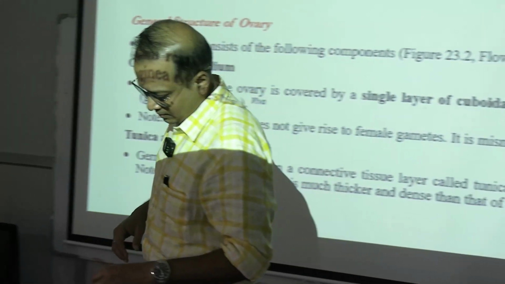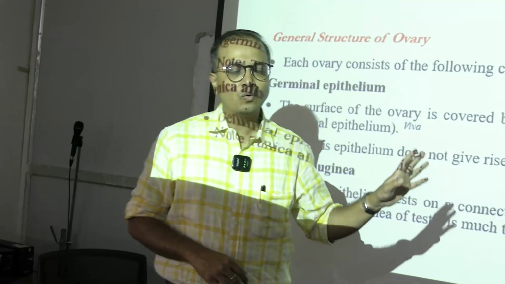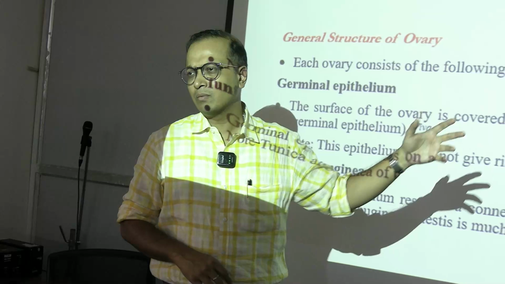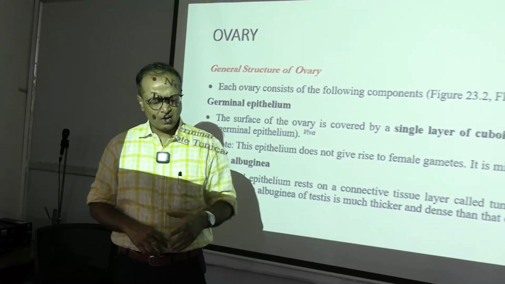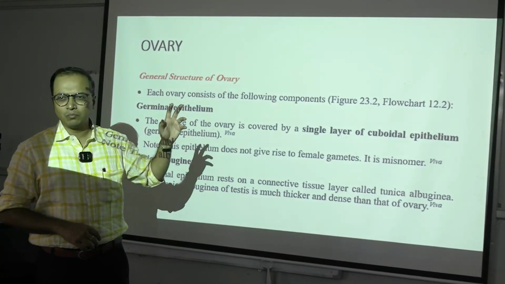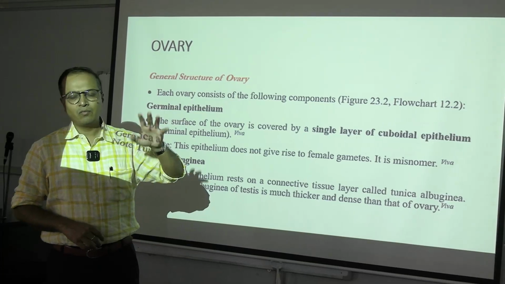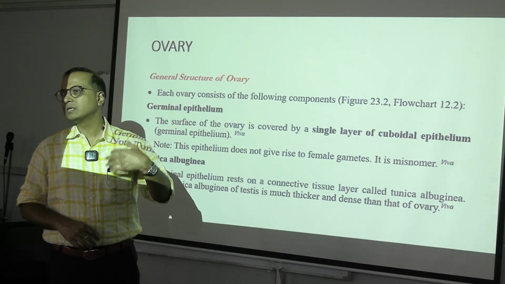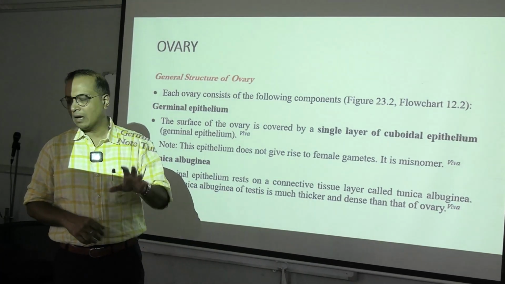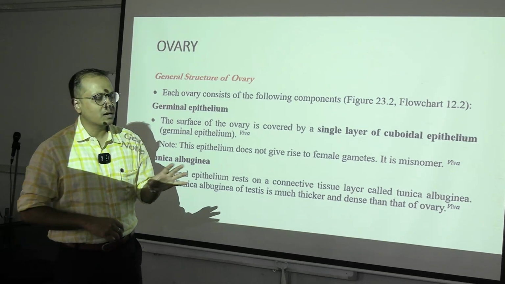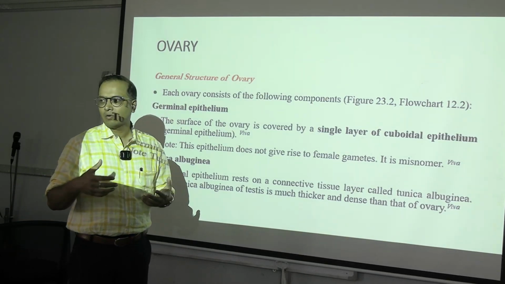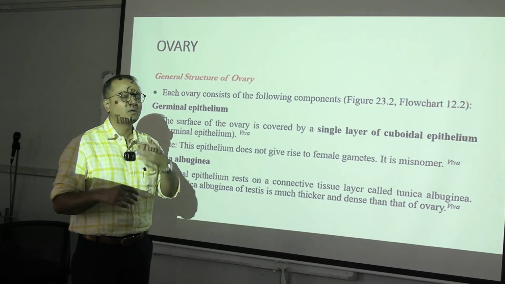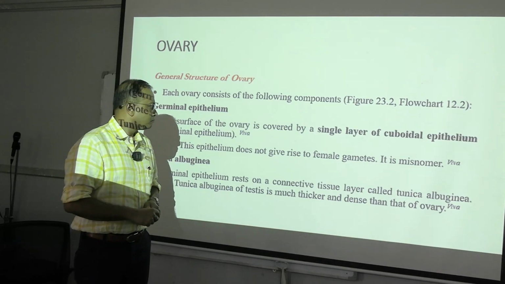The ovary is covered by a thin layer of peritoneum. That peritoneum is a little bit modified, and this covering we call epithelium, known as germinal epithelium. But having said that, the germinal epithelium does not have any role in the production of germs or gametes.